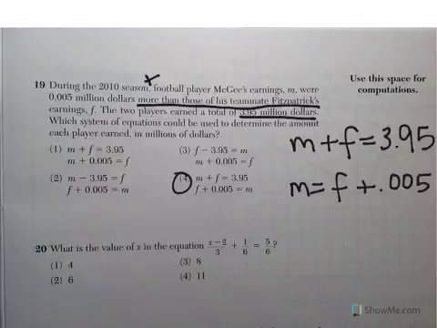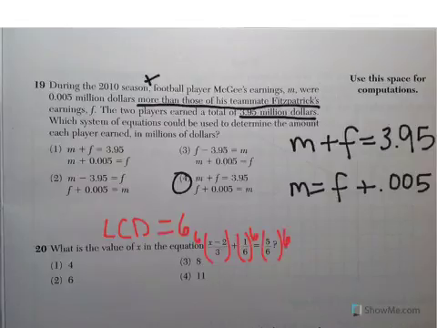Number 20, which is the value of x in the equation that follows? Okay. Well, we have fractions, so what we're going to do first is find our least common denominator. Well, the least common denominator will be 6. So what we're going to do is multiply every term by our LCD of 6.